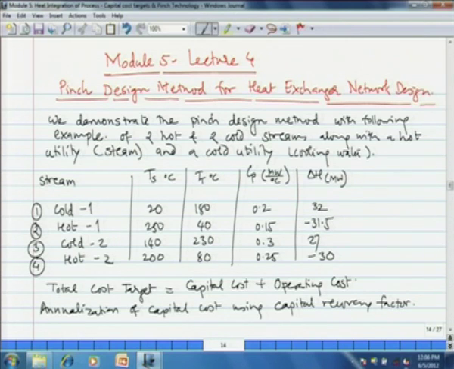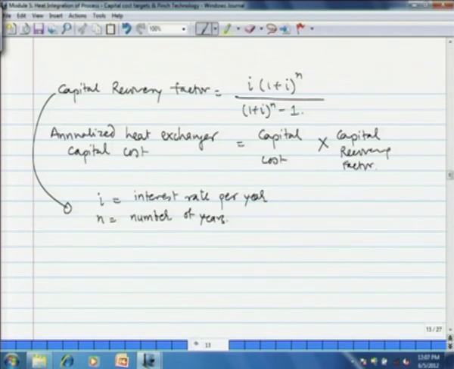The total cost target is the capital cost plus the operating cost, and delta T min is the governing factor that decides the trade off between these two costs. Capital cost is a single time cost which has to be annualized in order to add to the operating cost, and in the module on project economics, we have seen how we can annualize the capital cost.